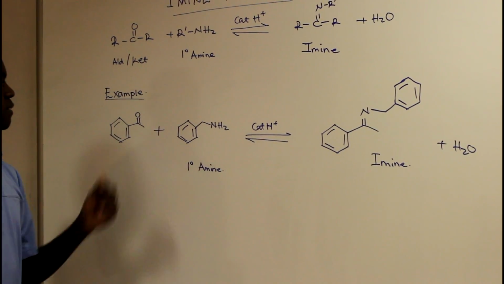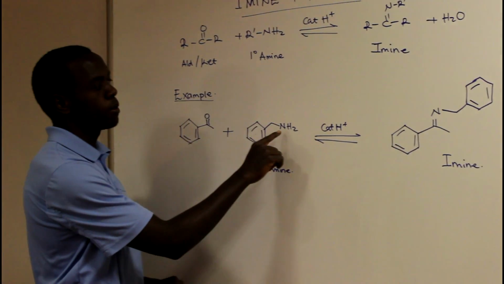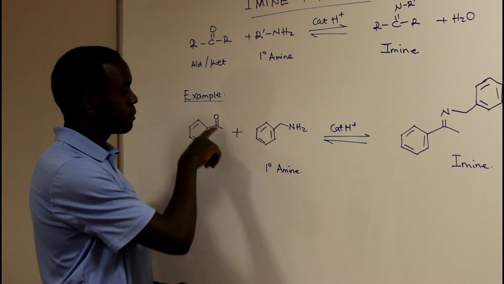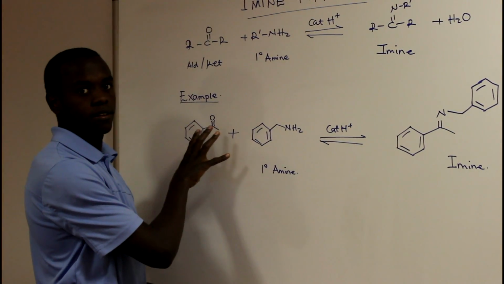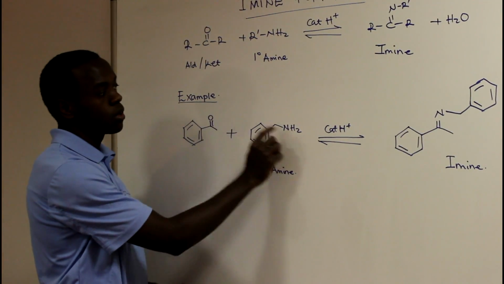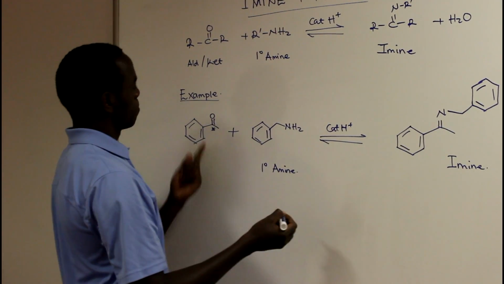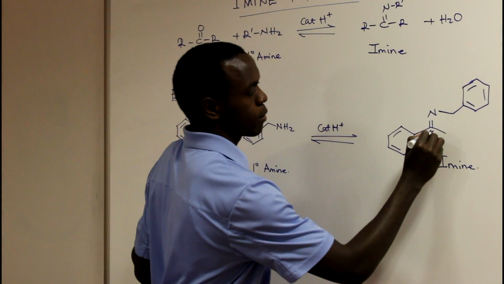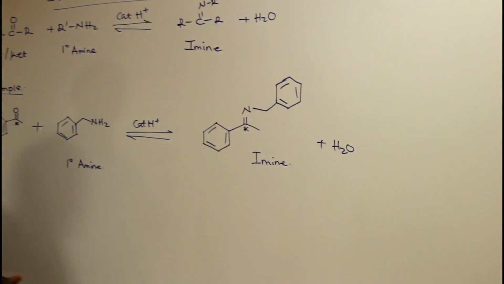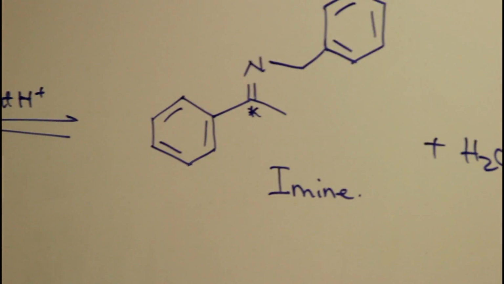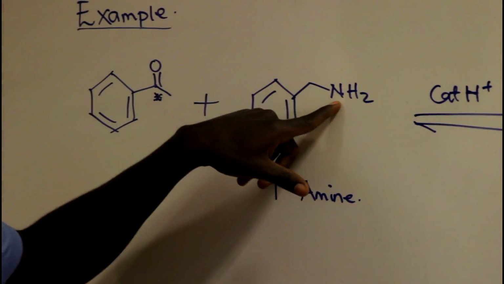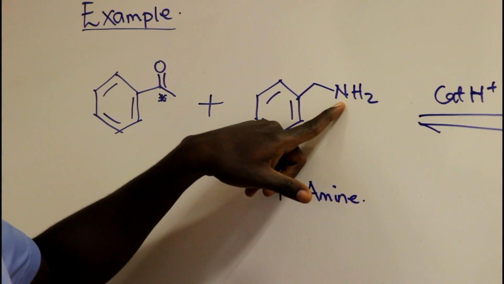Having looked at this example, we know that the oxygen is being replaced by the nitrogen, and the double bond is just left the way it is. This carbon is the same as that carbon there. The only thing we have changed is removing this oxygen and replacing it with the nitrogen of the double bond.